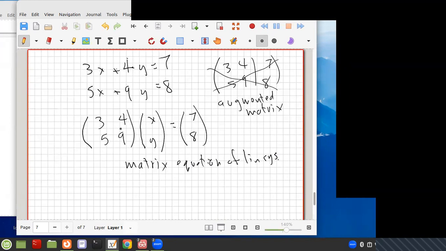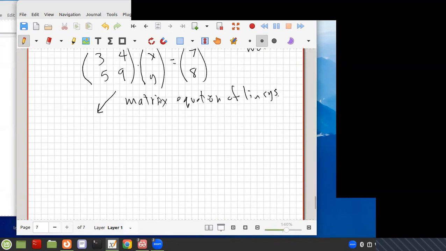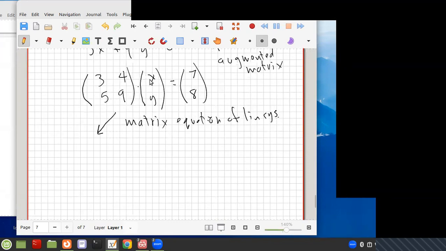It's another representation of the linear system in terms of matrices and vectors. It's the same information. Just to check this, we can carry out the matrix multiplication here. A 2 by 2 times a 2 by 1 is going to be a 2 by 1. What's 3 times x plus 4 times y and 5 times x plus 9 times y. The same rule of matrix multiplication.